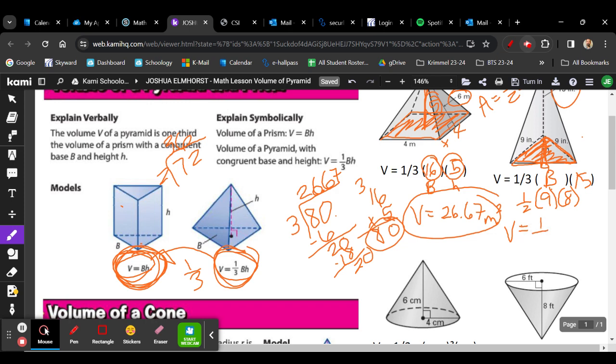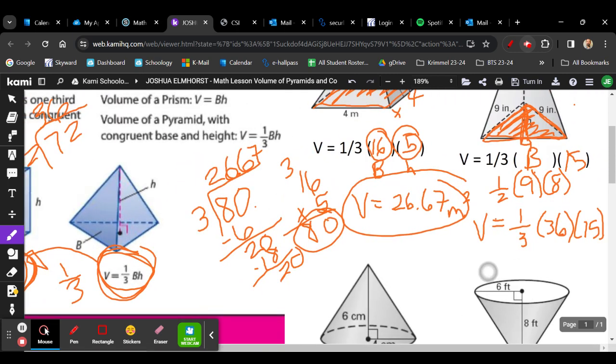Volume is going to be 1/3 for the pyramid now. 36 is the base area, the height is 15. Now you can multiply 36 times 15 and divide by 3, or we can divide by 3 first, and I see an easy factor there. 15 divided by 3 is going to give us 5 as a factor left over.